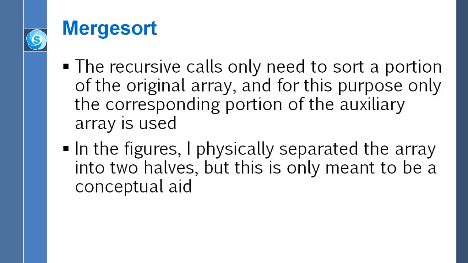I've made this point already, but let me make it again. I don't want you to be confused by the diagrams. To dramatize things, I visually separated the two halves of the original array, but that's only a conceptual aid. In reality, we're not moving anything.